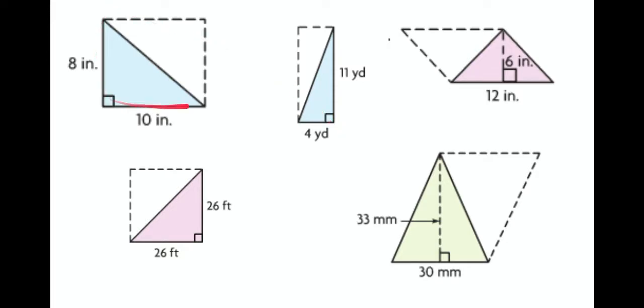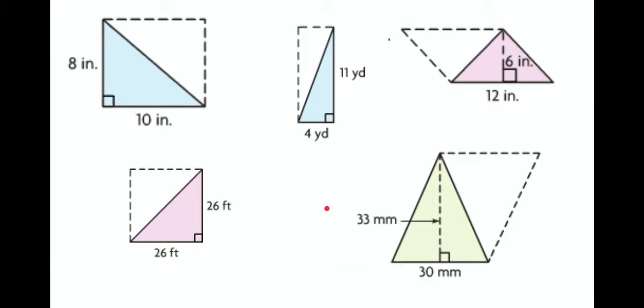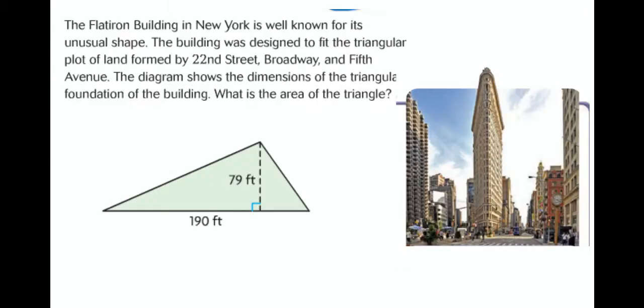You have your basic rectangle that has been cut in half, a tall, skinny rectangle cut in half, a parallelogram cut in half, a taller parallelogram cut in half, and then a square cut in half. As you can see, half of any one of these parallelograms makes a nice, beautiful triangle. And that's where the 1/2 comes from in our formula. Don't you forget it.